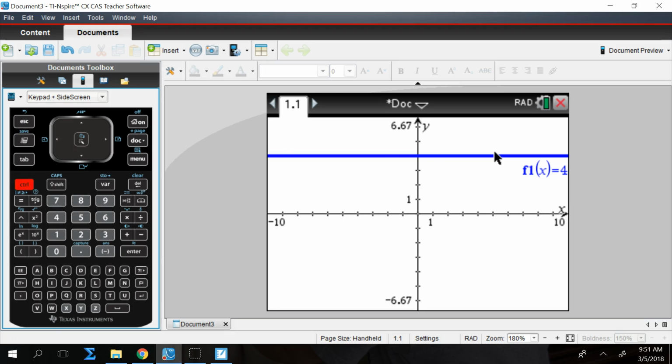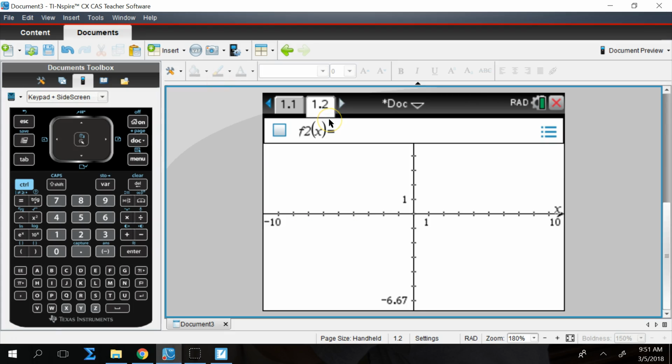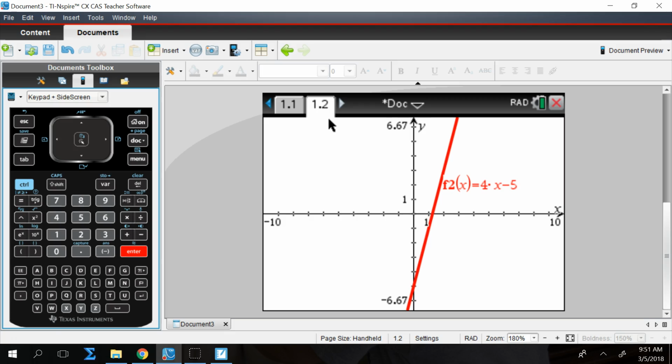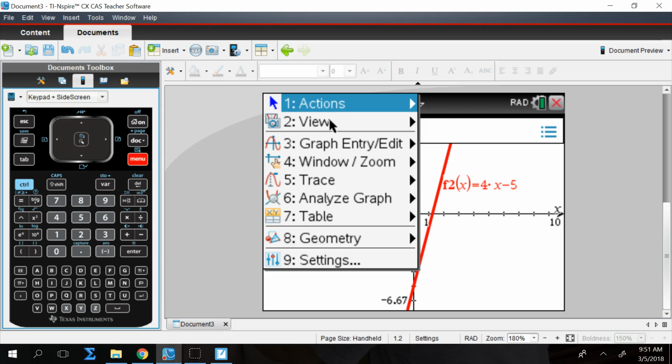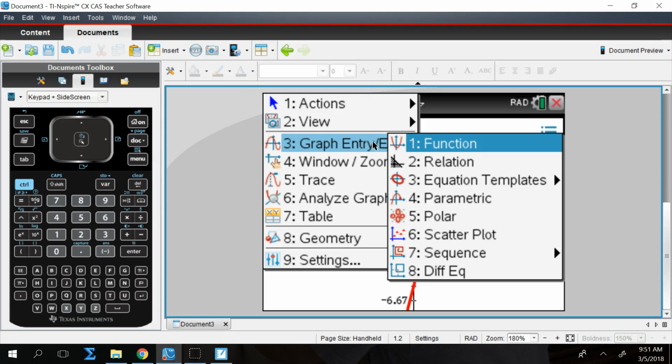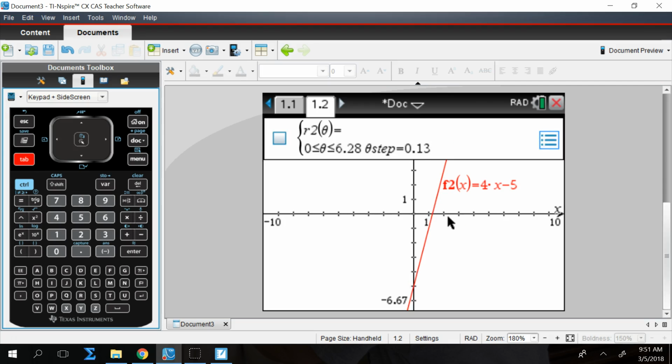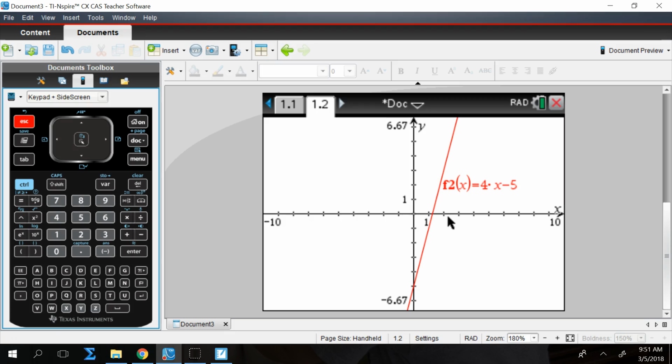So, new graph. Okay. So we said this was 4x minus 5. So that's what it should look like, right? Okay. So now let's go all polar on us. Oops, not window zoom. This one. Polar. Oops, tap the brakes. There we go.